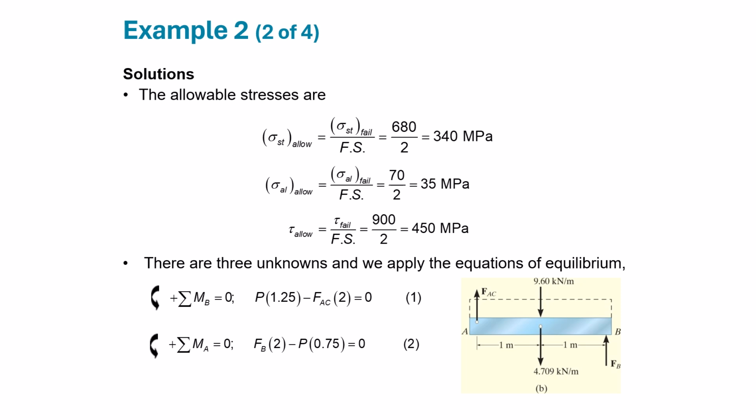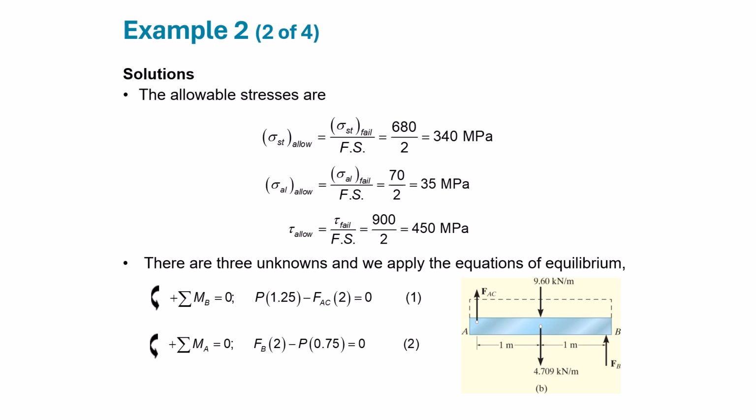Sigma aluminum allowable is again sigma failure over the safety factor. We have 70 over 2, which is 35 megapascal, and we have tau allowable to be tau failure over the safety factor, which is 900 over 2, and that is 450 megapascal.